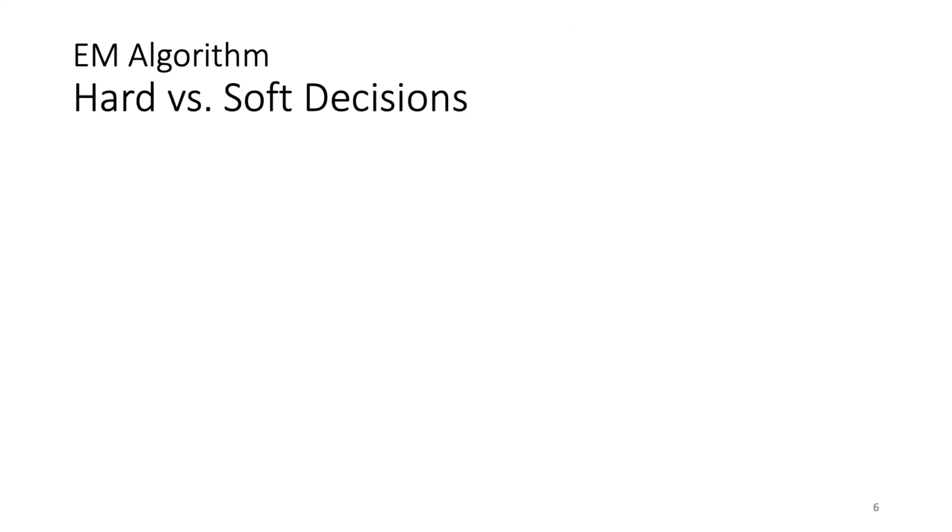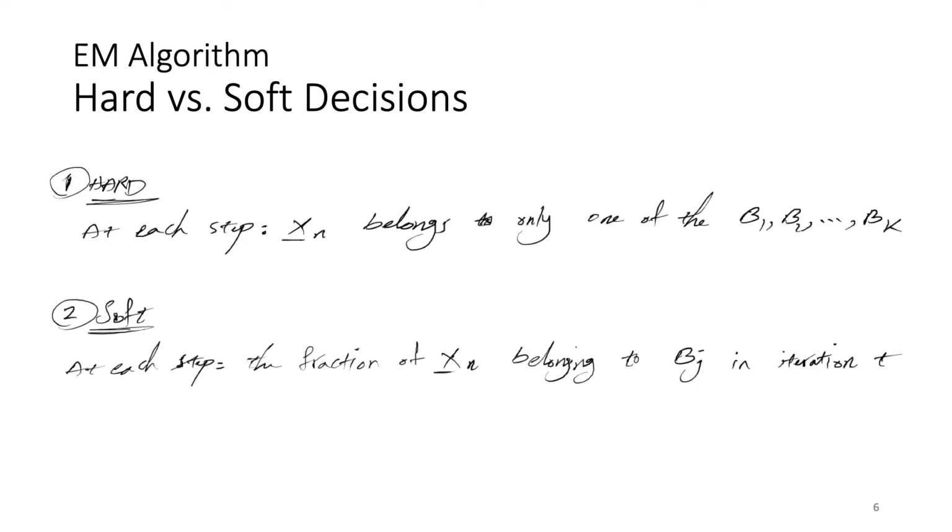All right, so I mentioned the difference between soft and hard. So hard: at each step, xn belongs to only one of the b's, one of the bumps. But soft: at each step, the fraction of xn belonging to bj in iteration t. So we have to find a parameter to define this.